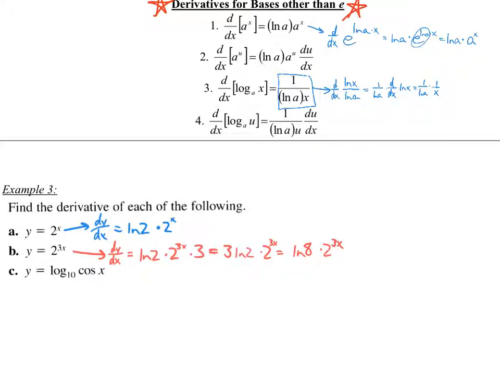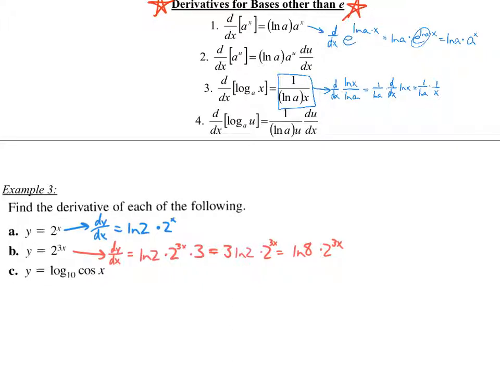If we really, really wanted to, we could pull the 2 to the third and the 2 to the x apart. Ln of 8 times 2 to the third times, oh wait, no, that would be 2 to the third to the x. So that we couldn't really simplify anymore. I got a little carried away there. Alright? So we could do that if we felt like it, but you don't necessarily have to.